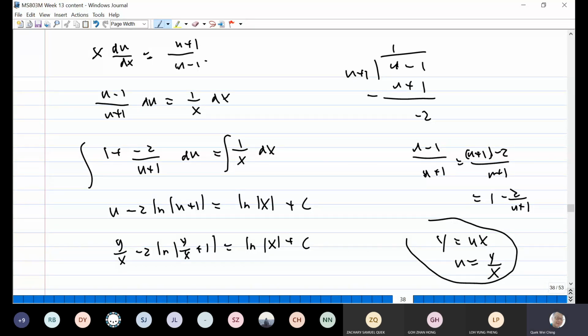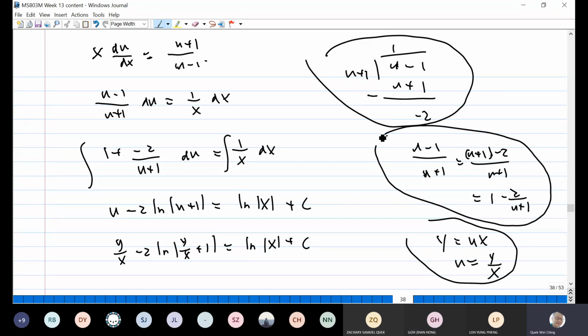This becomes the solution of the first example. Long division or just a bit of tricky balancing, there are many ways to do this.